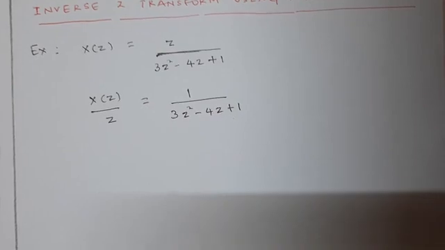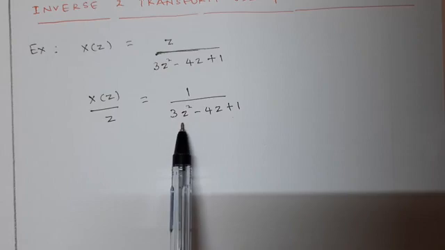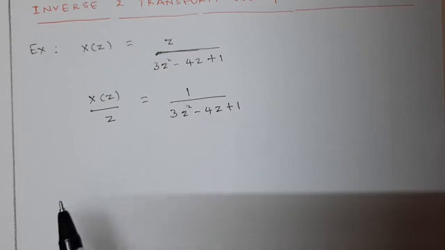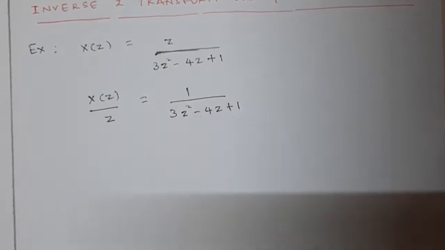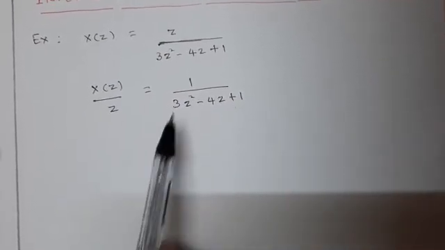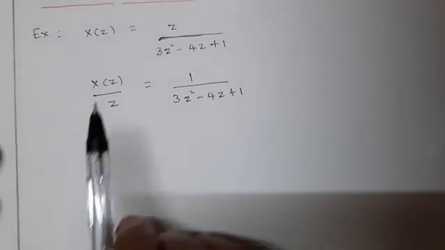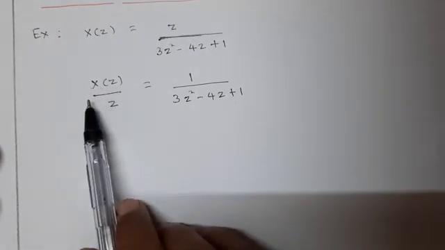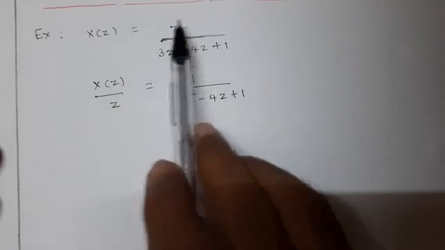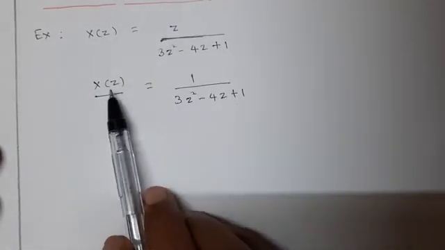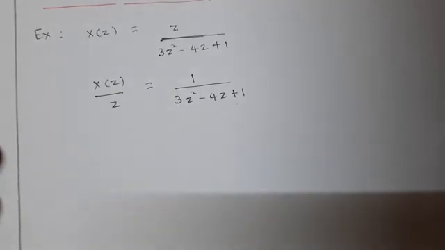If the numerator power is higher than the denominator power, the function is not called a rational function, and hence we need the function to be rational. In simple terms, the numerator power should be less than the denominator power. So the first step is to have the left side as X of z by z, and then check whether it is rational or not.